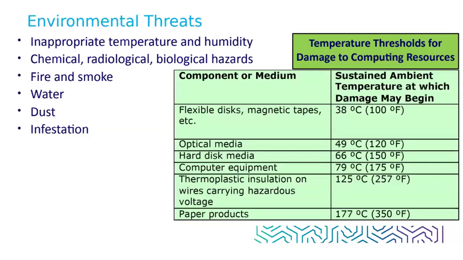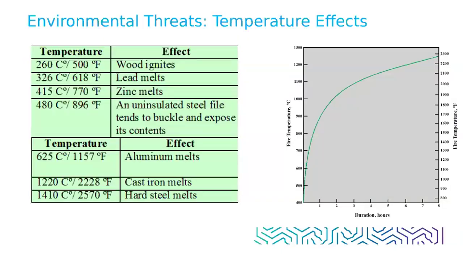See, environmental threats, there are various conditions in the surrounding environment that can damage the computer systems, network equipment, and even other information technology resources. So the major environmental threats are inappropriate temperature and humidity, then chemical, radiological, and biological hazards, fire and smoke, water, dust, and infestation.